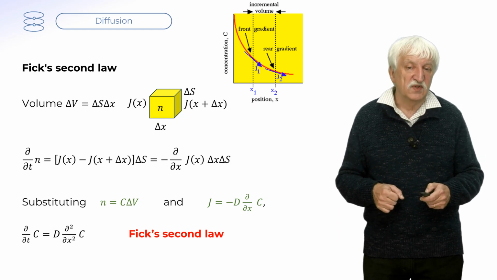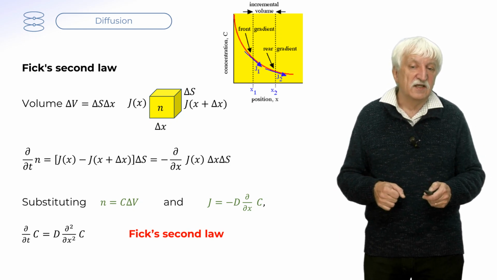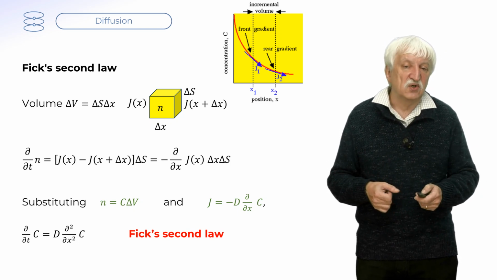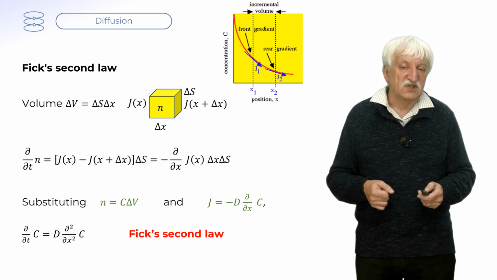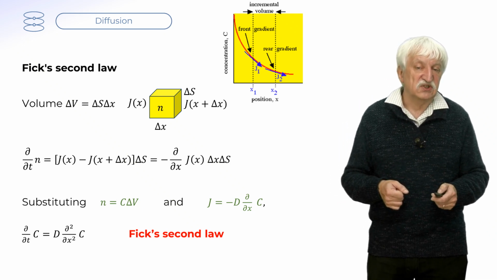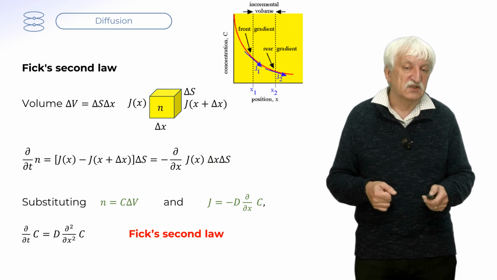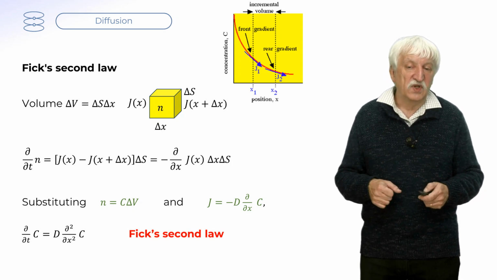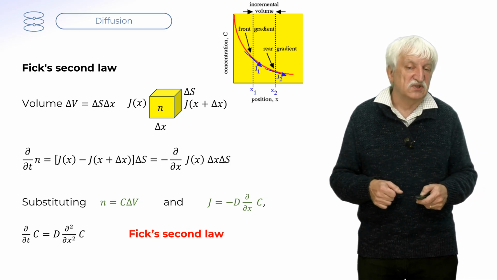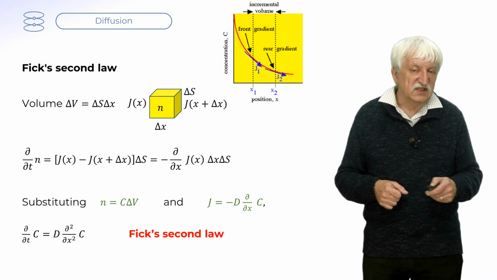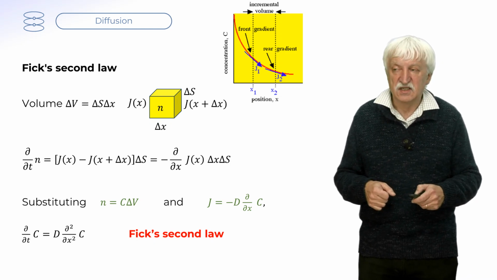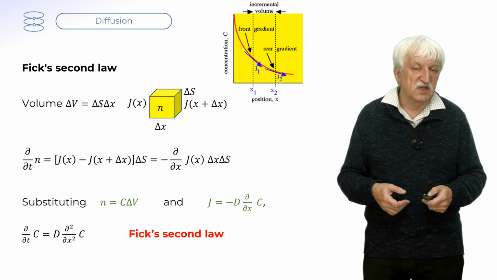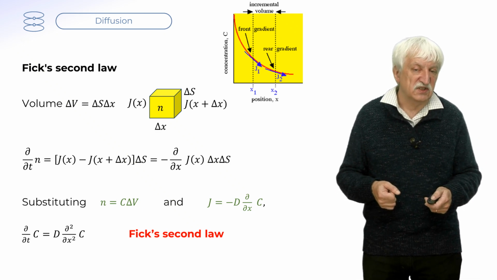And so we get an equation for dN over dt. Substituting N as the concentration times delta V, and the expression for the flux that we derived in the previous slide, we get an equation for the concentration C. This is just the equation we derived before from the analogy with Brownian motion, with a random walk. And this equation is called Fick's second law.